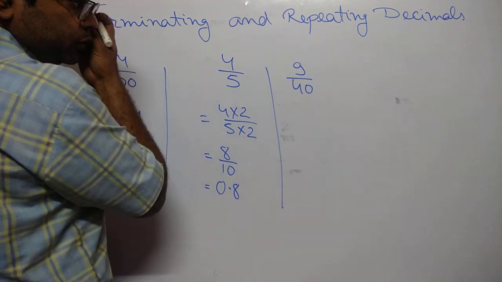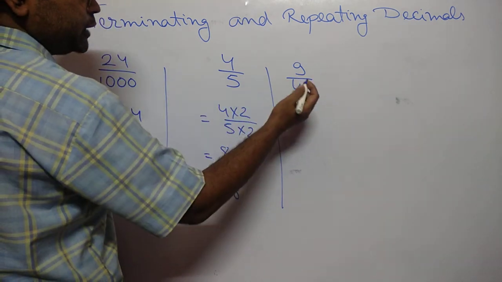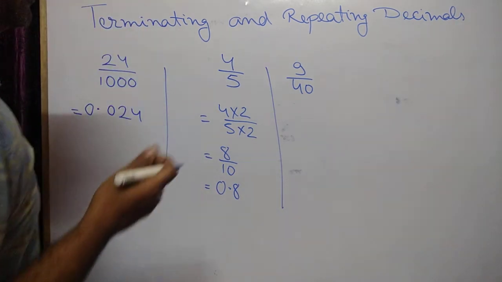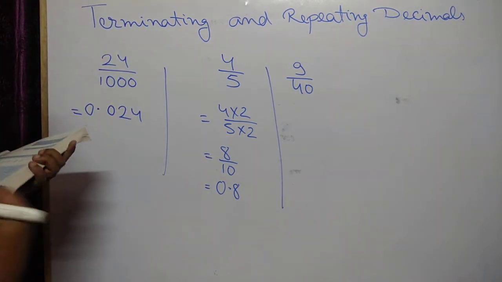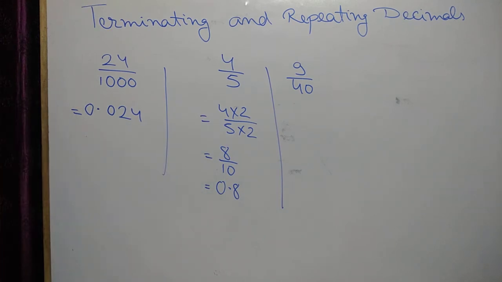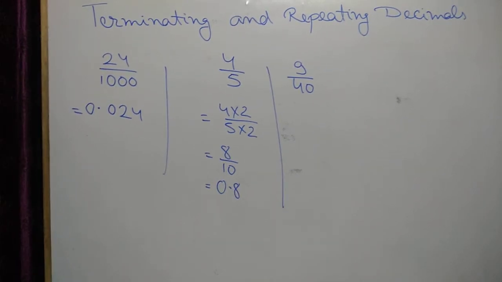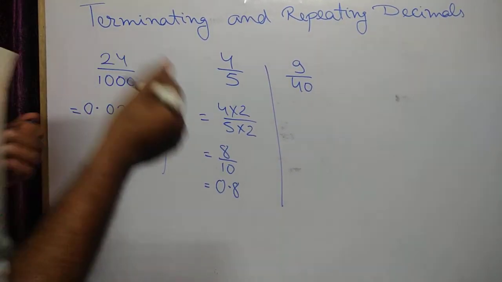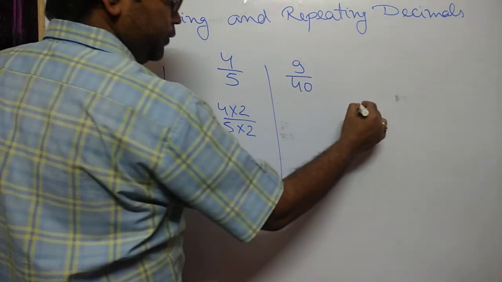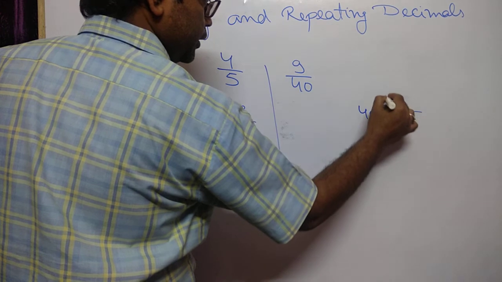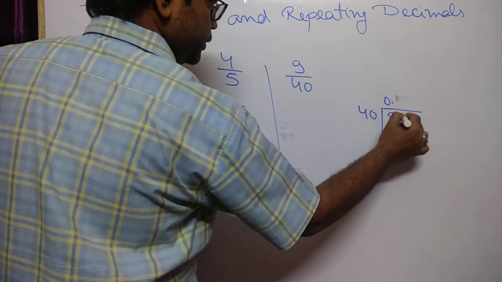We have to convert it into a multiple of 10. Yes, in this question I am going to use the division method. 9 divided by 40, 0, decimal.